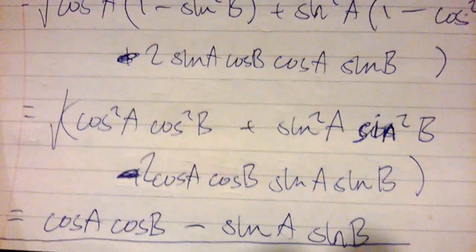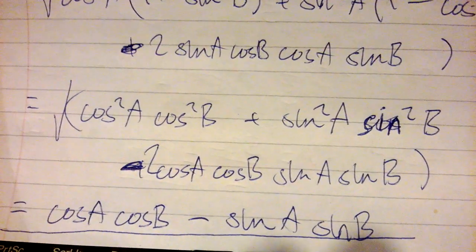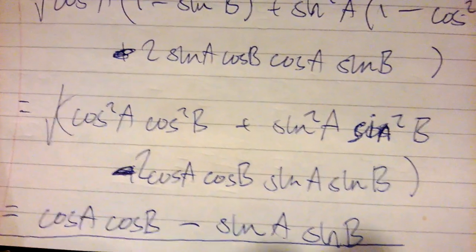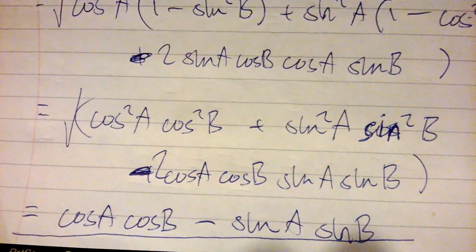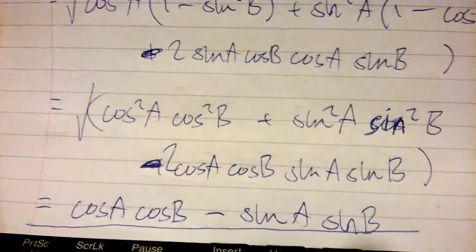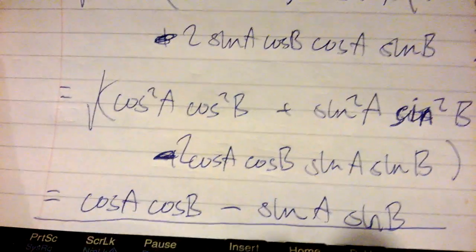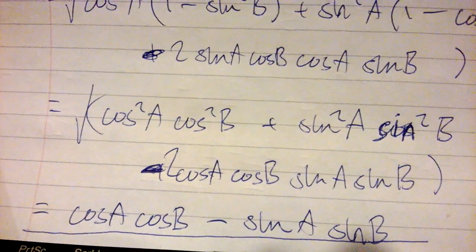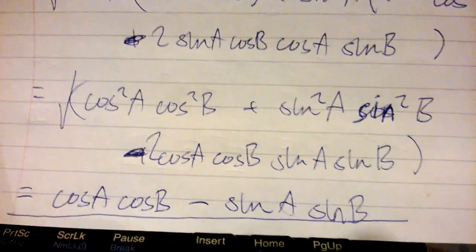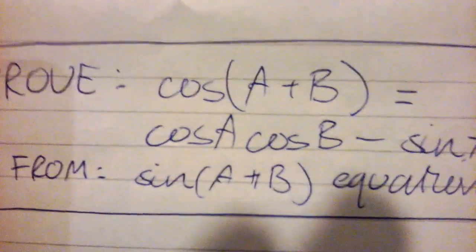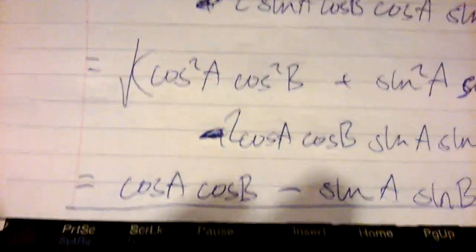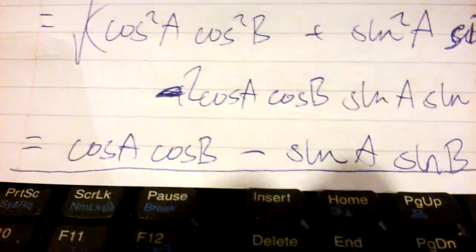That term itself is the square of cos a cos b minus sin a sin b. Because we've taken the square root of it, we end up with cos a cos b minus sin a sin b. So we know that cos(a+b) is cos a cos b minus sin a sin b.